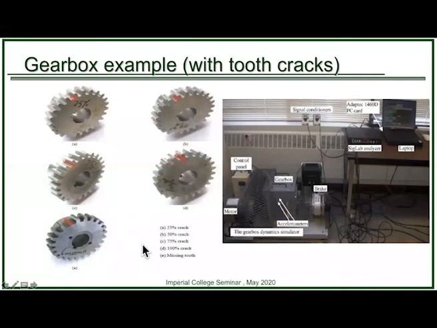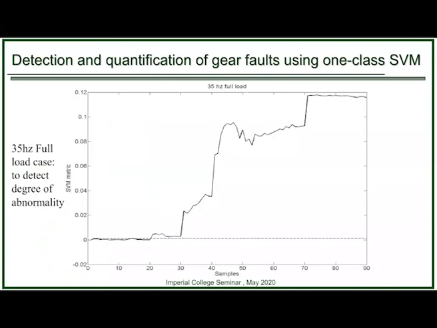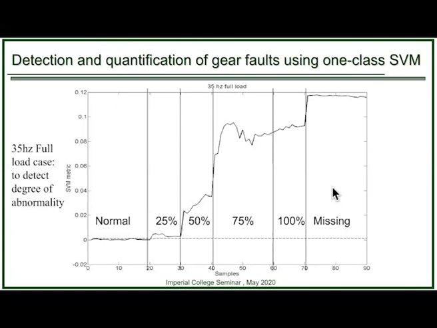We're working with the same gearbox, and the reason behind using support vector machines was that this is one of the earliest embodiments of machine learning methods. They were developed in the 1980s, and these methods have been applied in image identification, for example, by the US Postal Service for reading zip codes. And what they do is not only detect the fault, but also quantify the extent of the fault, as I show you here.